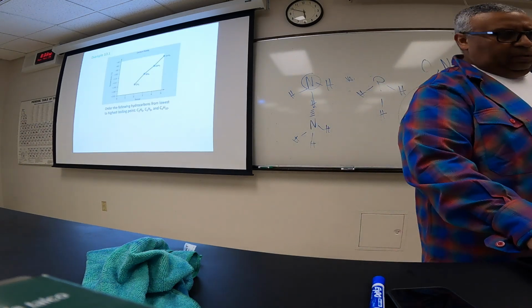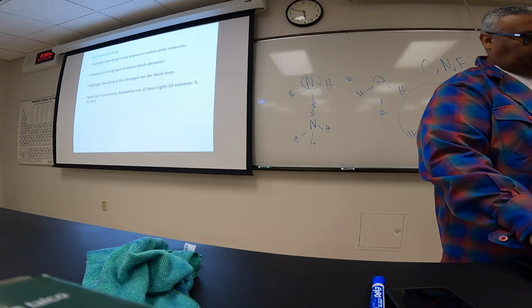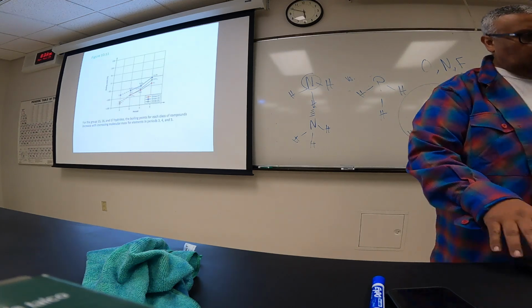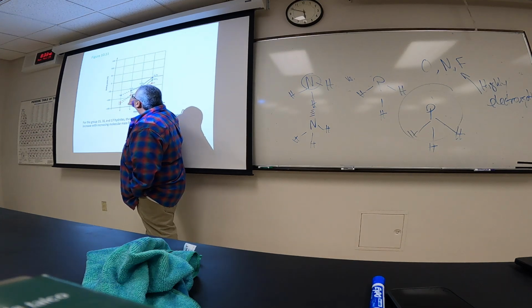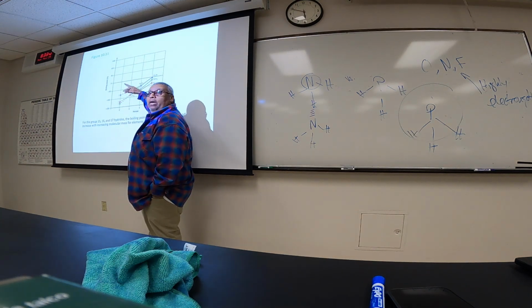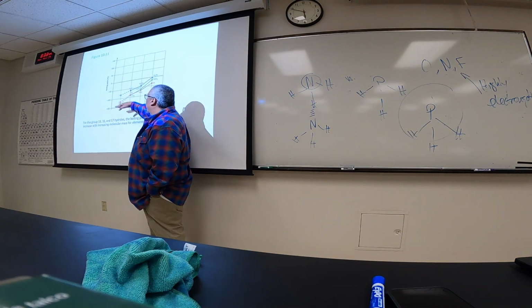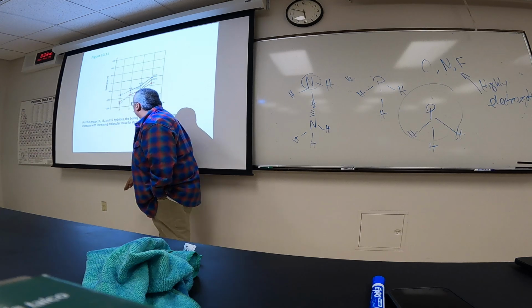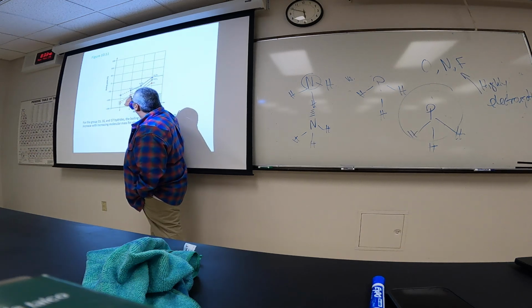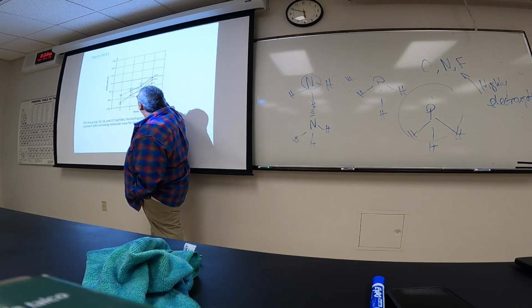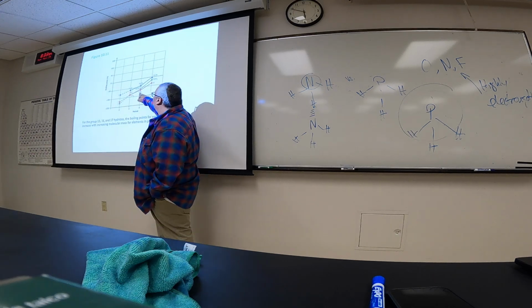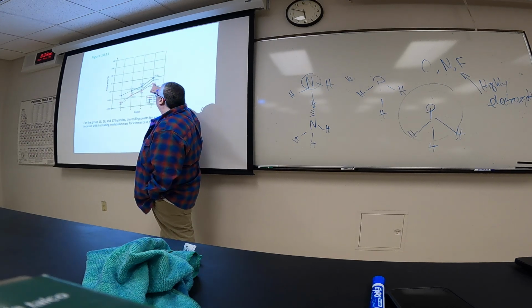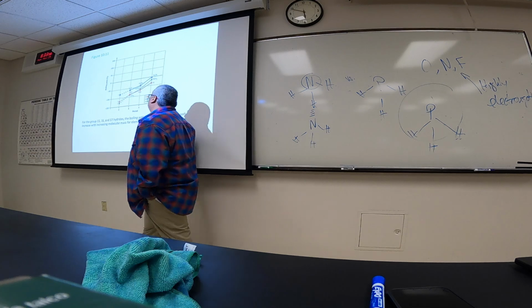So if we take a look at this graph here, we do see the boiling point going up, right? We're going down the periodic table here. Let's follow the red one here. So here's chlorine, and then right underneath chlorine is bromine, and then iodine.